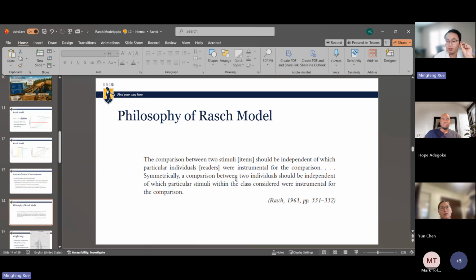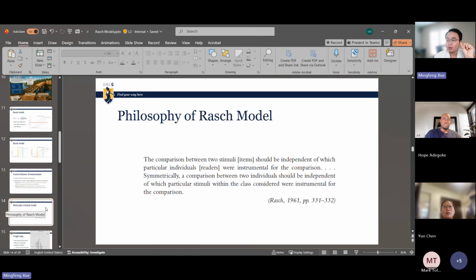And from the person perspective, a comparison between two individuals should be independent of the particular items within the class considered that were instrumental for the comparison. So the comparison of persons should not change based on what items you are using. This is what the Rasch model is trying to convey.